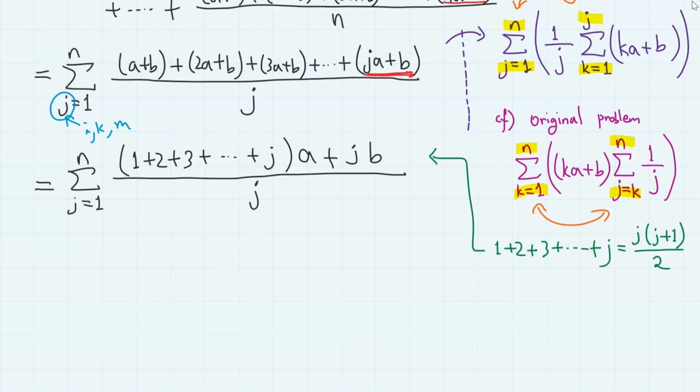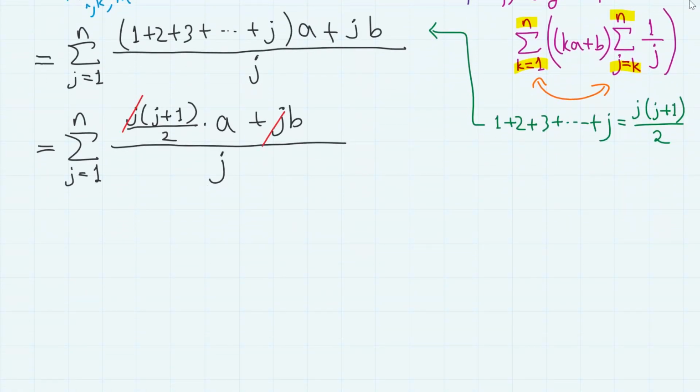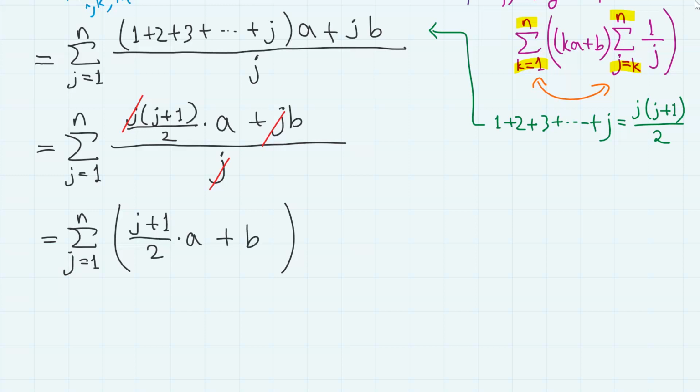So by using the sum of natural numbers formula, we have (j plus 1) over 2 times a plus jb, divided by j, where j cancels out, and we can write (j plus 1) over 2 times a plus b.